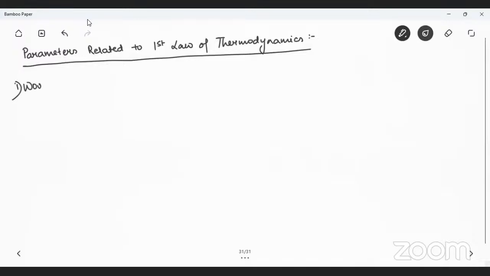Now, what is work first? Work is W. What is work? Transfer of energy due to pressure difference. This is the bookish definition or your boards' definition.